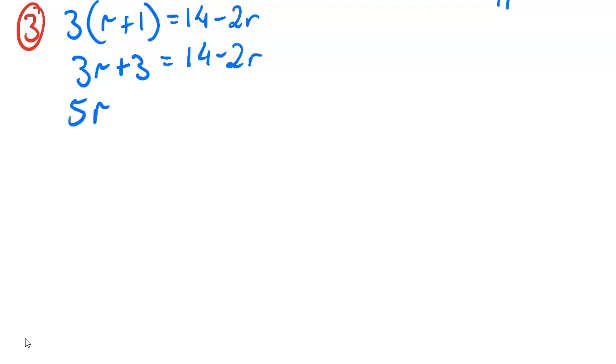So 5r plus 3 equals 14. Okay, now I'm going to take 3 from both sides, and then I end up with 11 divided by 5, or 11 over 5 as a fraction. Again, you can just leave that as a fraction.